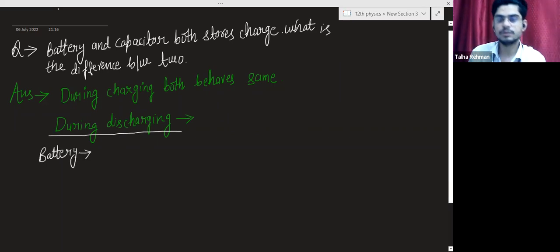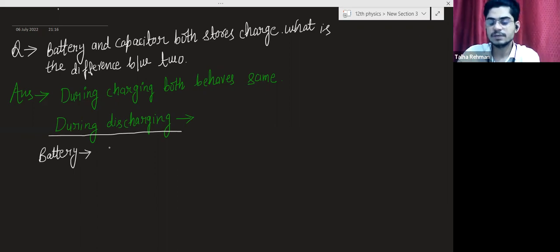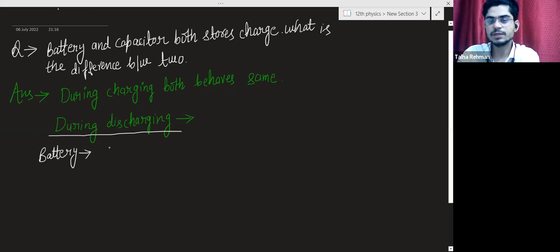In our phone there is a battery, and we know that the discharging of our phone takes time.